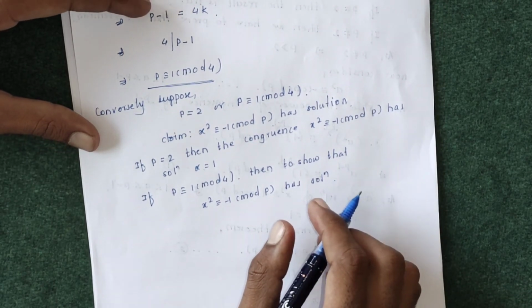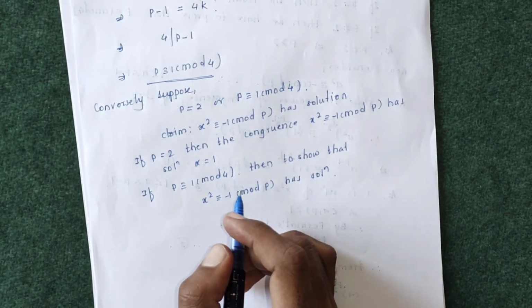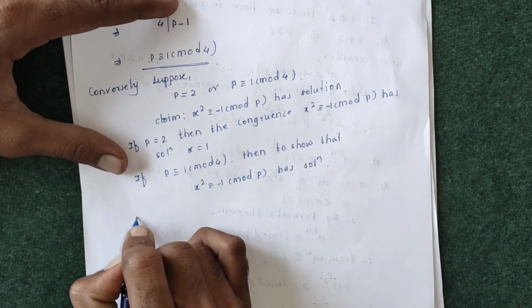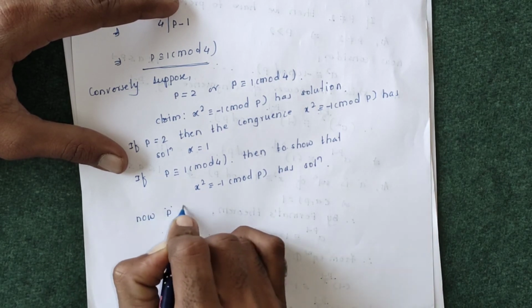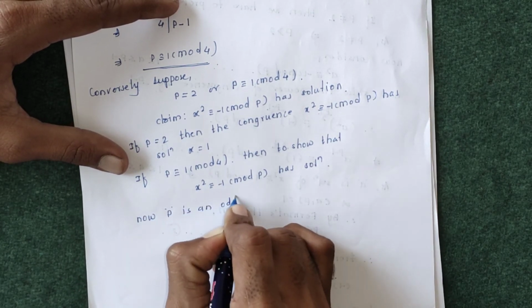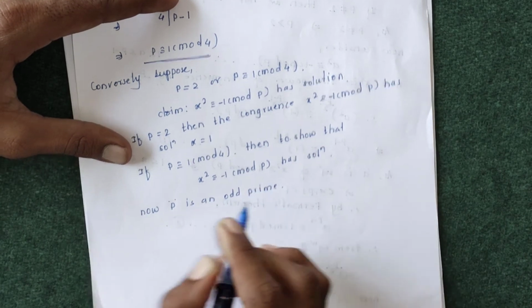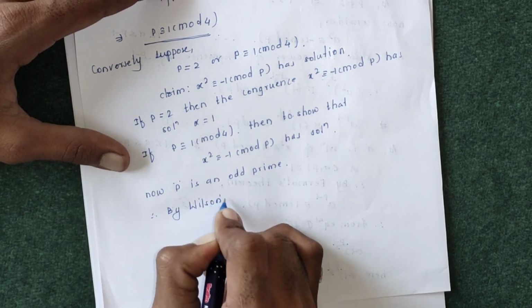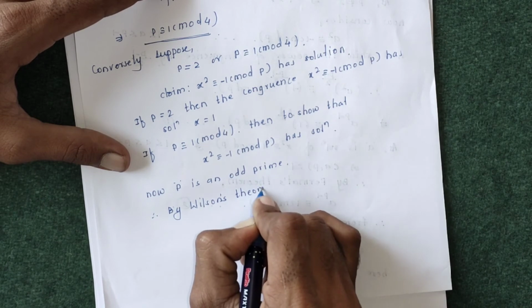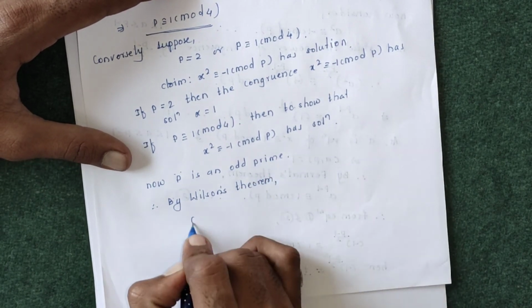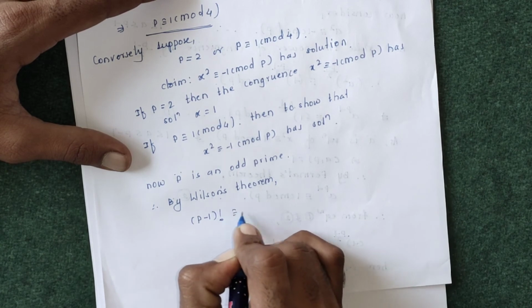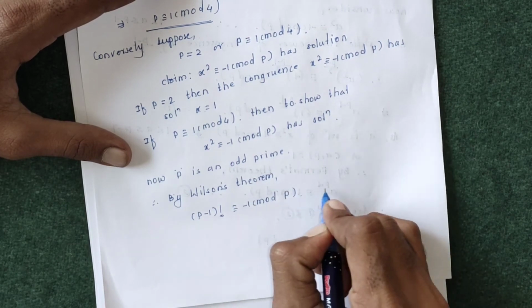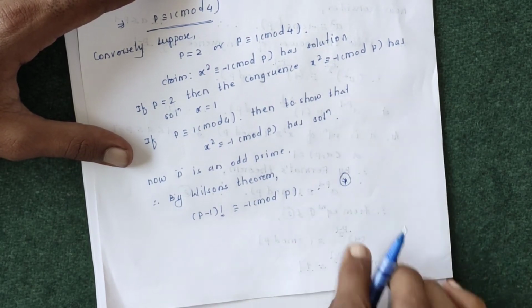Now p is an odd prime, so we can use Wilson's theorem. Therefore, by Wilson's theorem, p minus 1 factorial is congruent to minus 1 mod p. Suppose this is equation number star.